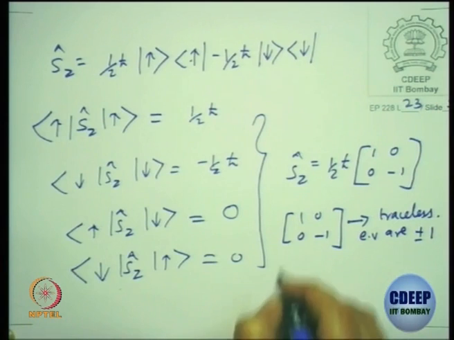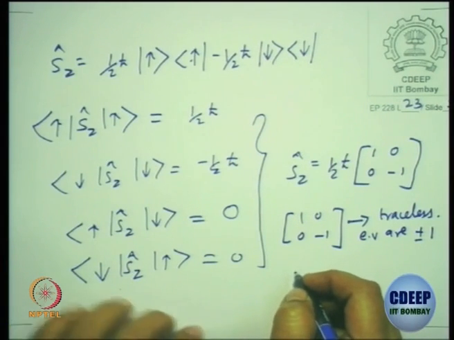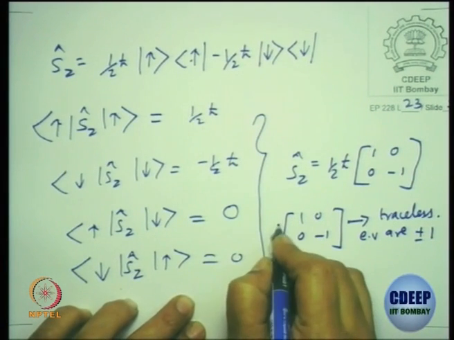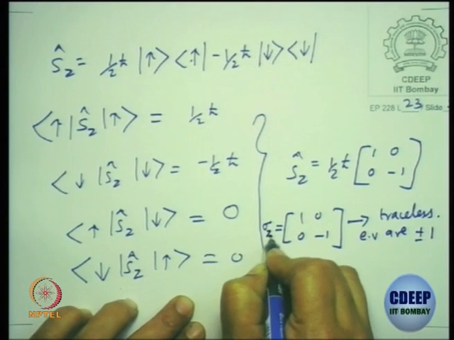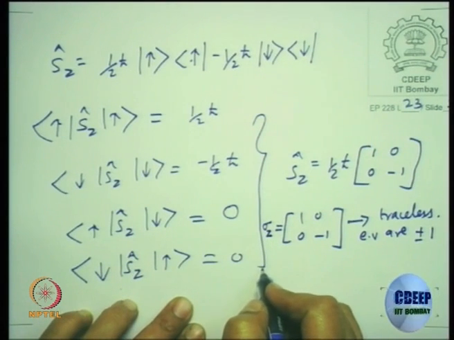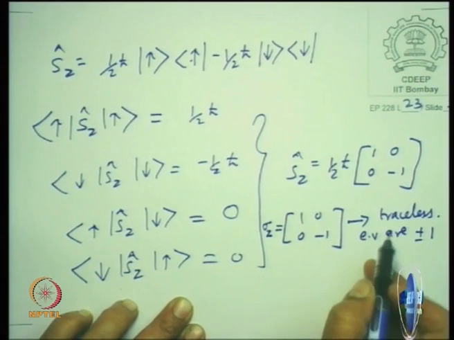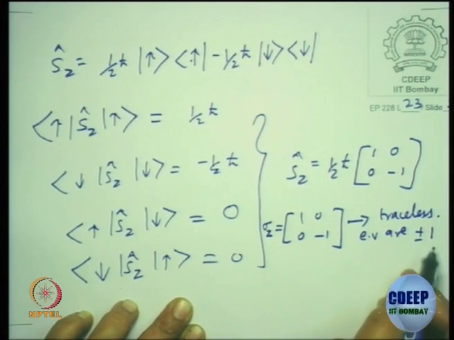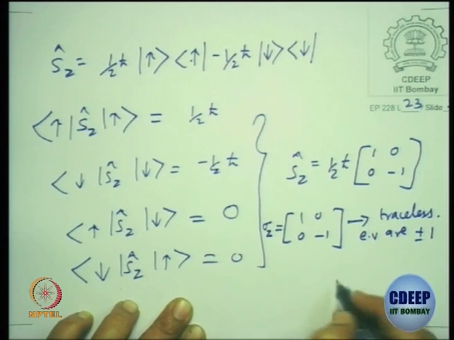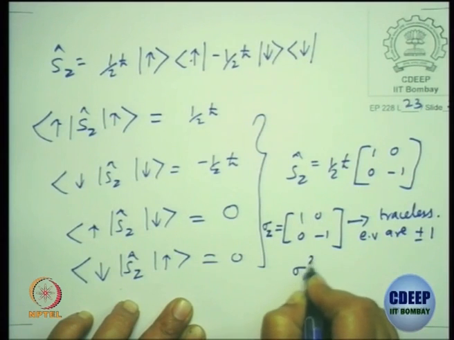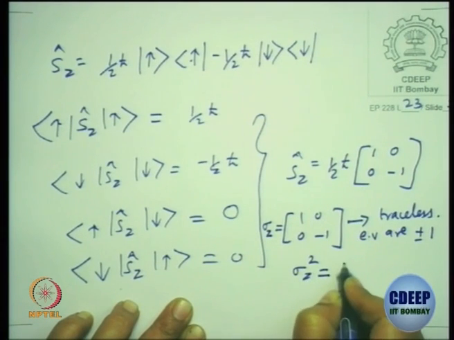What about the square of this matrix? Let me call this matrix by a notation, we will come back to it. We call it sigma z. Sigma z is traceless, eigenvalues are plus or minus 1. You can also show that sigma z squared is identity.